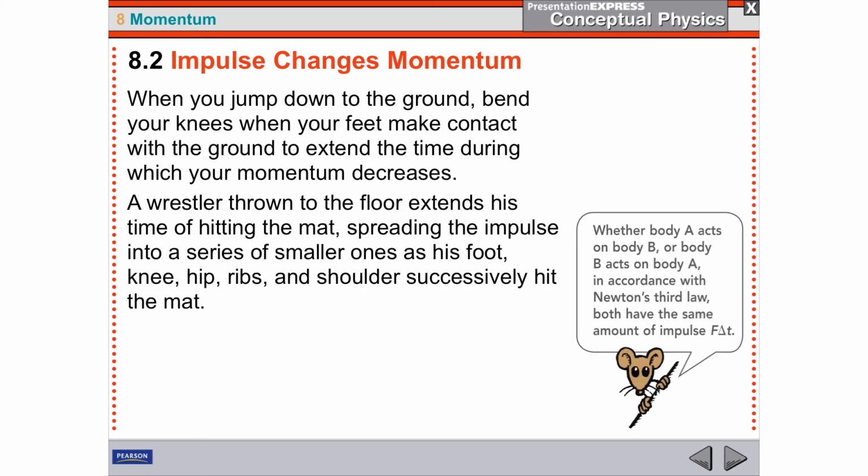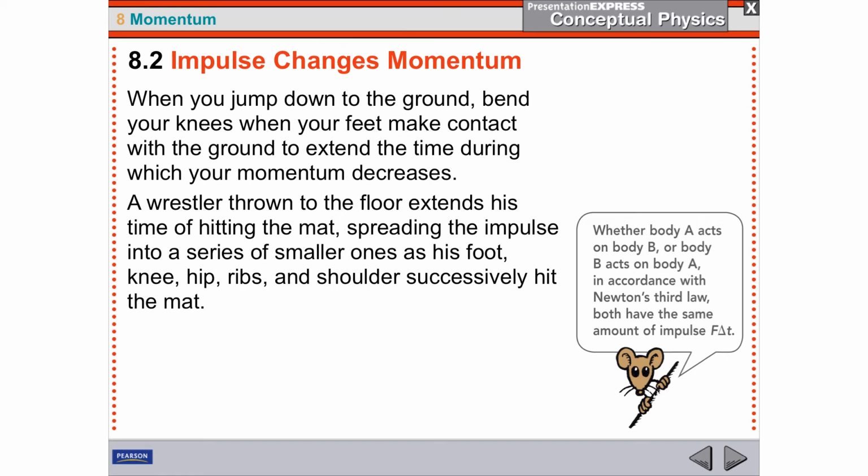So if you're going to jump down off of something high, you don't just jump down with straight legs. You will bend your legs as you jump down, because as you bend your legs, you are increasing the time over which you're changing the speed. You're going fast as you fall off the table or off of the roof. And then as you bend your legs, you're extending that time.